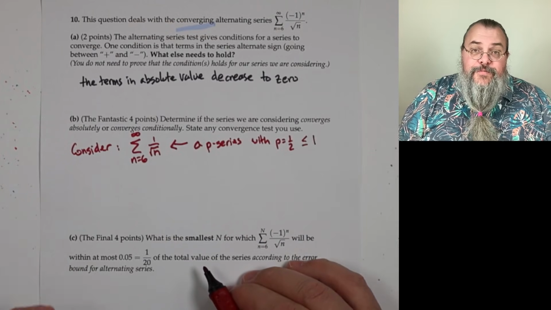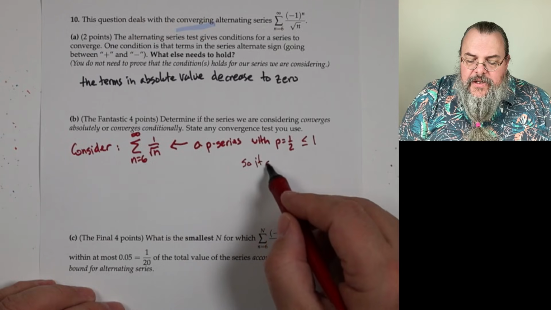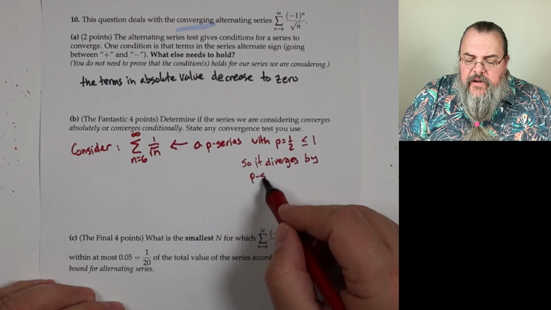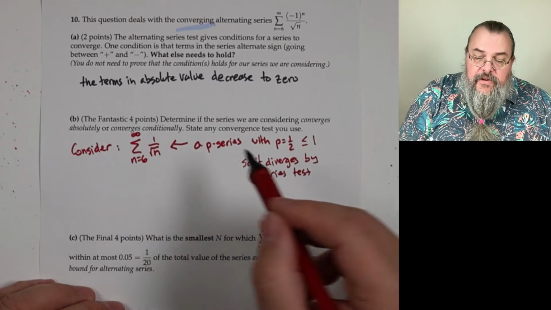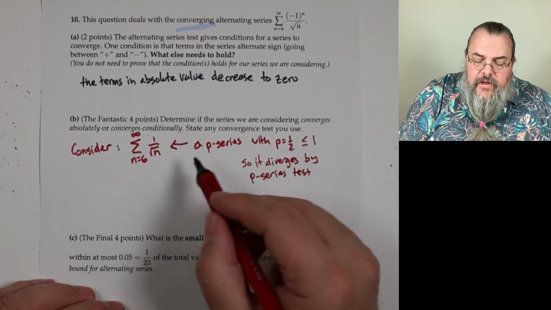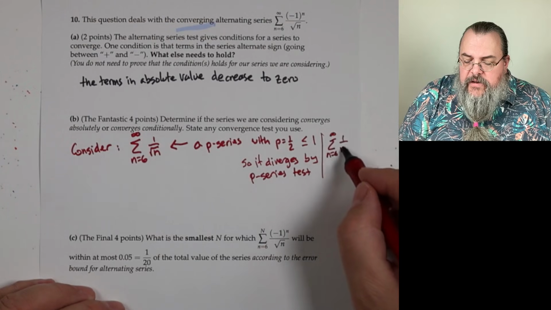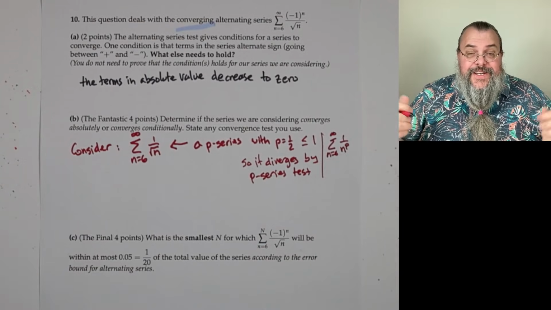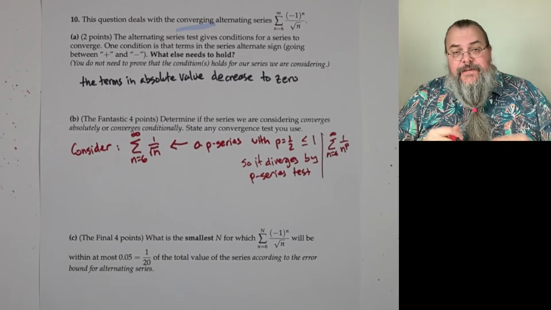So when p is small, that tells us it diverges by the p-series test. When I say p-series, what is that referring to? A p-series is the sum from n equals, in our case, 6 to infinity of 1 over n to the p. So you want p to be large. Large p is good. Anything bigger than 1 converges. Anything less than or equal to 1 diverges.